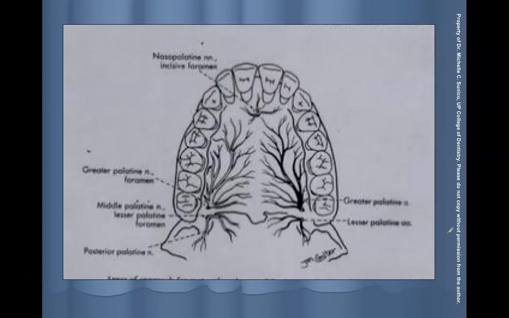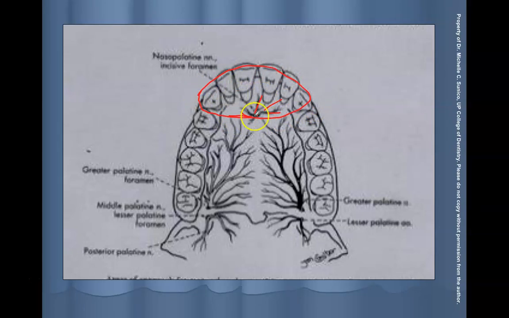And this is how the nerves look as they exit through the hard palate through different foramina. This is the nasopalatine foramen or incisive foramen, and this is where the nasopalatine nerve exits. Look at the branching of this nerve. You can see that it is sensory to the palatal mucosa of all maxillary anterior teeth.